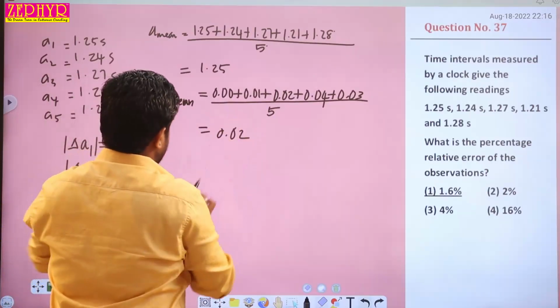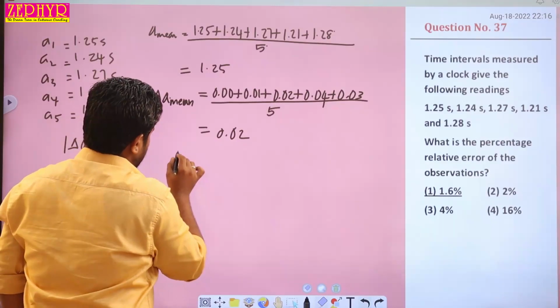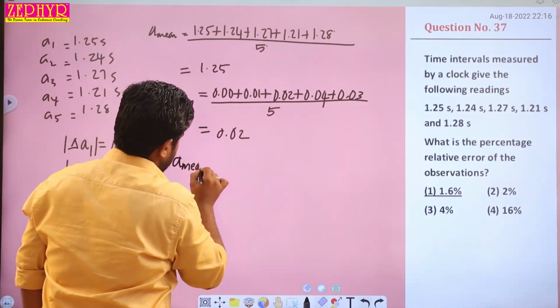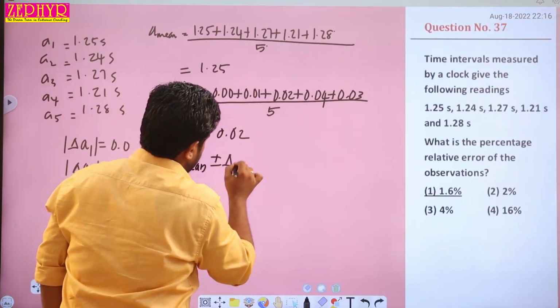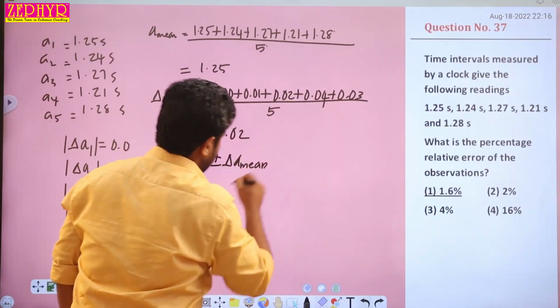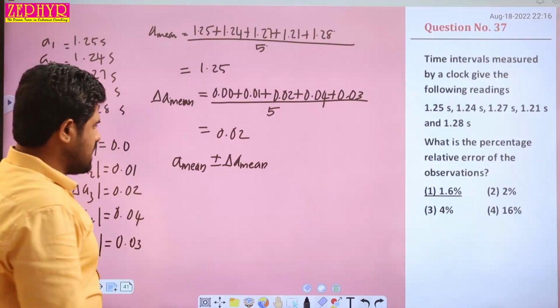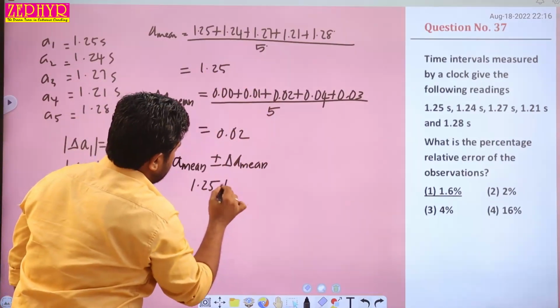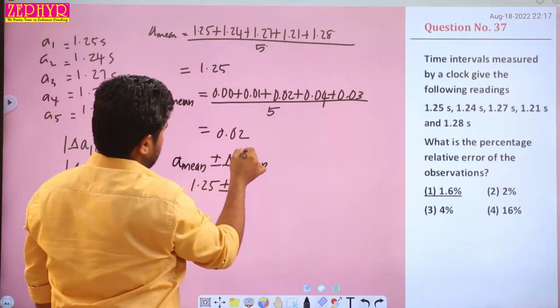We know the measured value is always in the form of A mean plus or minus delta A mean. So here it is 1.25 plus or minus 0.02, the delta A mean value.